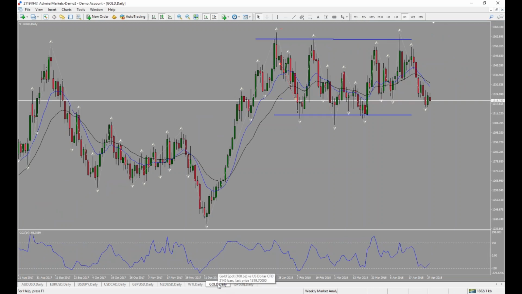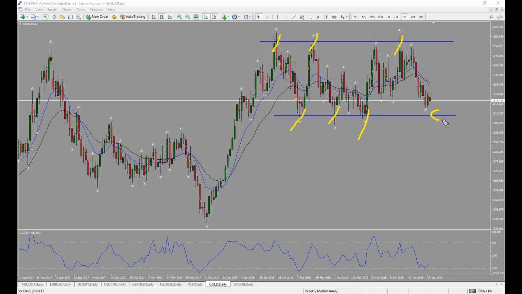Gold. All right, let me just extend this out a bit more. It's a ranging zone, but it's not only just a ranging zone, it's also a, what is this, guys? This is a channel. It's a really good one as well. 1, 2, 3 touches, 1, 2, 3 touches.